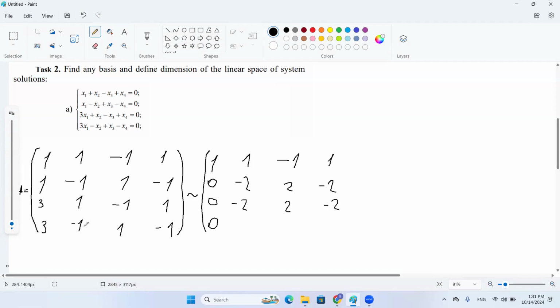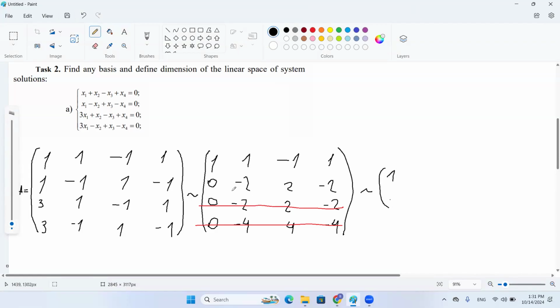So do the same thing: minus 4, 4, and minus 4. Okay, these rows can be crossed out, so we will shorten this system.